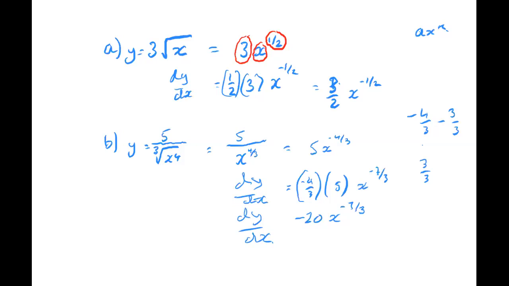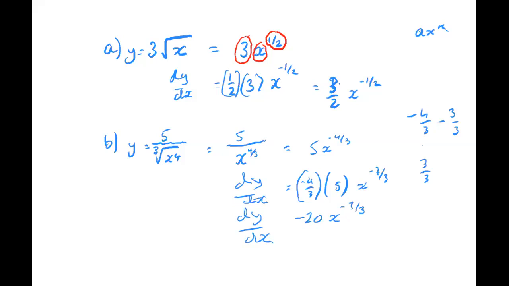And then when we've got a different power, rather than a square root, we've got a cube root here. We've got the cube root of x to the 4, which we can write as x to the 4/3. And then that's the denominator of a fraction, so we need to bring it up the top and change the sign of the index. So it's 5x to the -4/3.